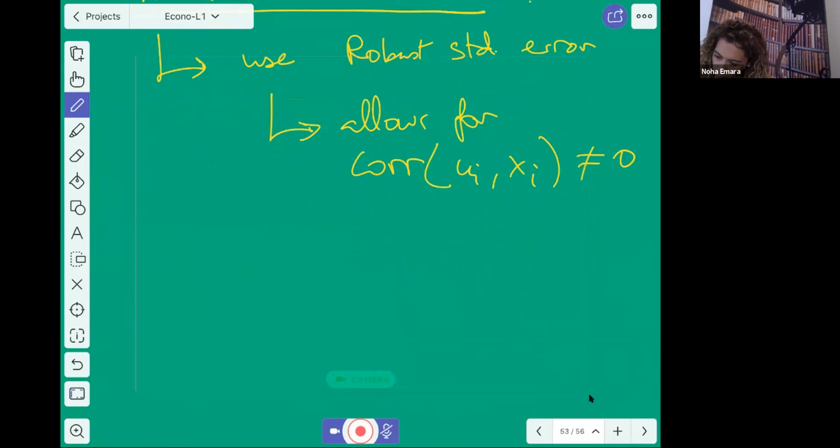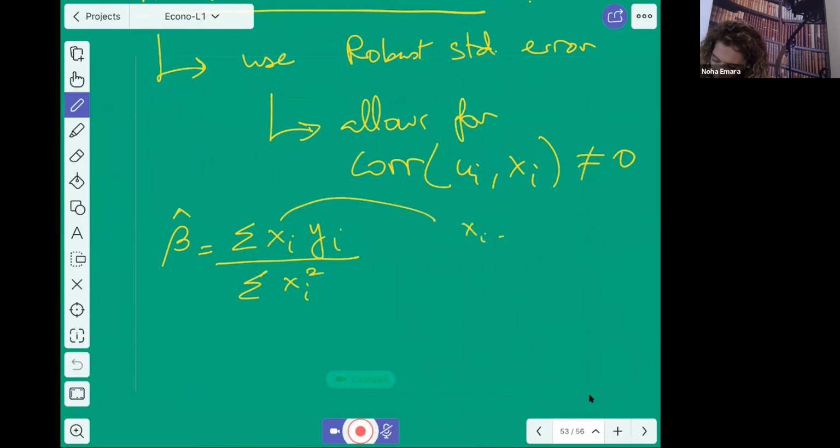I'm not sure whether I gave you the whole derivation. Okay, so we know that beta hat is equal to the sum of xi yi over the sum of xi squared, a simple way of writing it. I want you to imagine that this xi is equal to xi minus x bar, and this yi is equal to yi minus y bar. I'm just writing it in a simple way, covariance over variance.